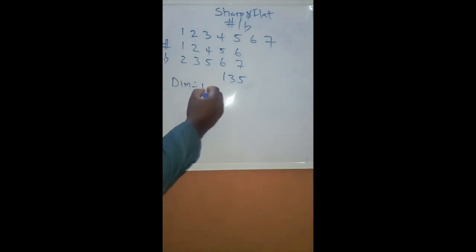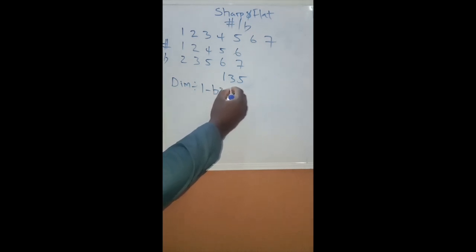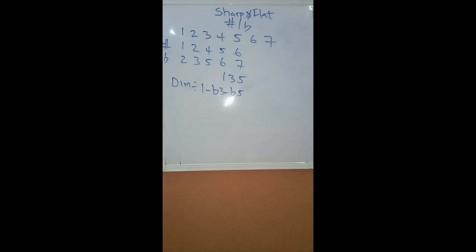So for the 3, we flatten the 3rd and we flatten the 5th. This gives you a diminished chord. So remember the flat 3 is the same thing as the sharp 2, and the flattened 5 is the same thing as sharp 4.